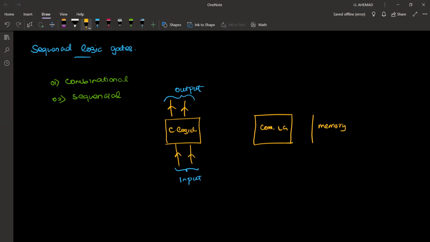Both of them together, the combinational logic gate and the memory element, we call the sequential.